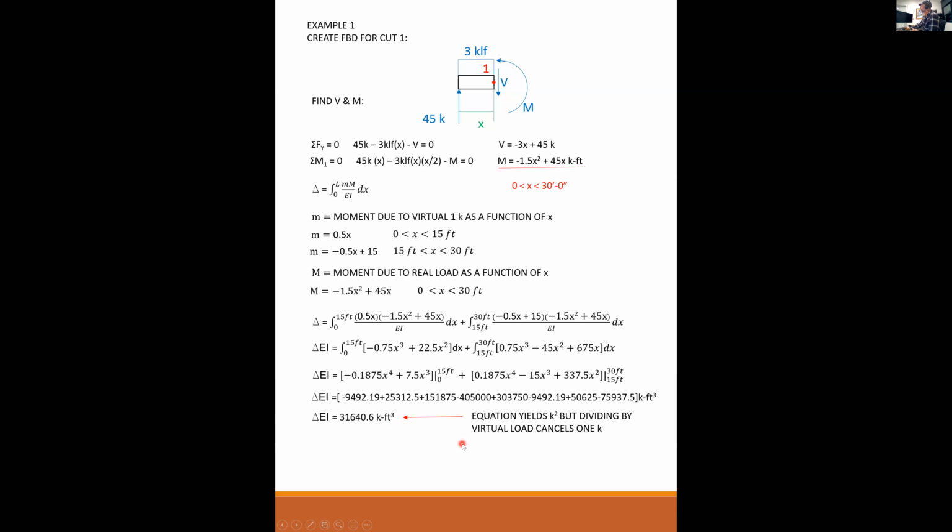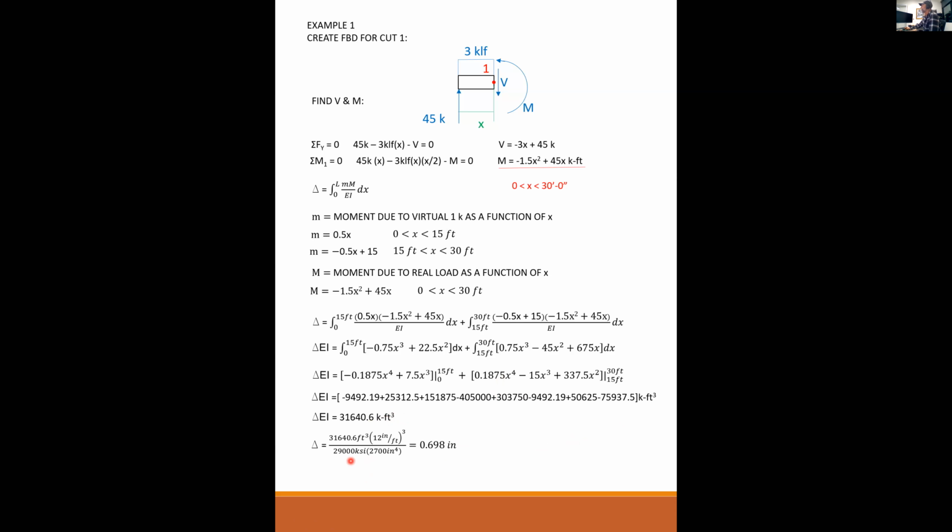And then this equation yields kip squared, but dividing by a virtual load cancels out 1 kip. See how this is kip feet to the third? This equation here would give you kip squared feet to the third, but don't forget we're dividing out by a 1 kip virtual load. So this becomes kip foot cubed.